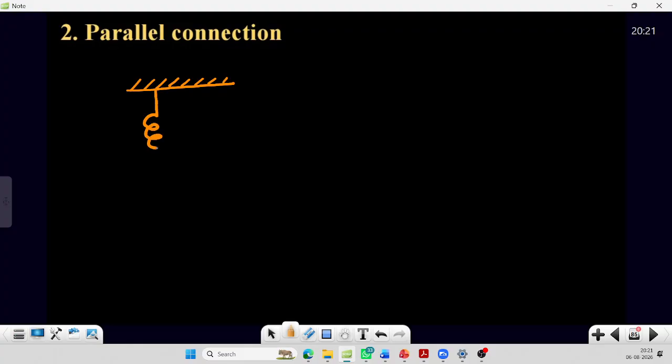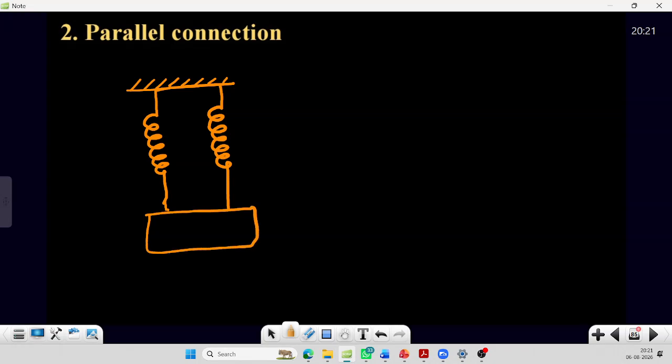Then we can call it a parallel connection. The two springs are connected like that. They start here at this location, and the two springs end here. This type of connection is called a parallel connection.